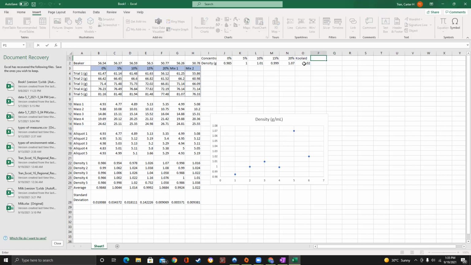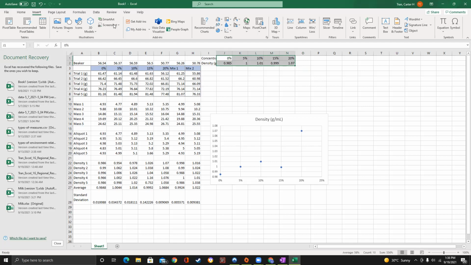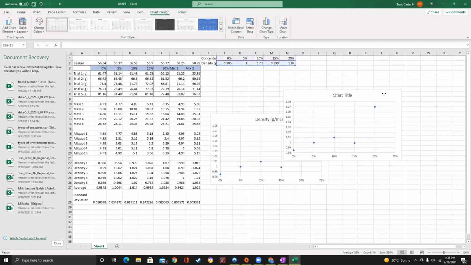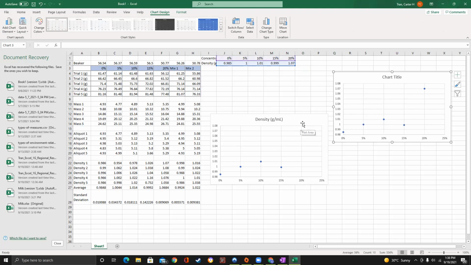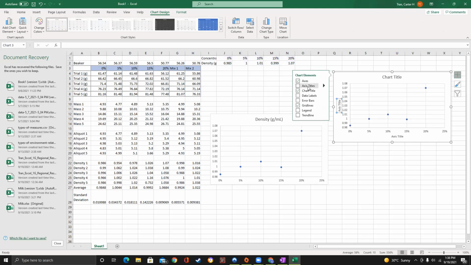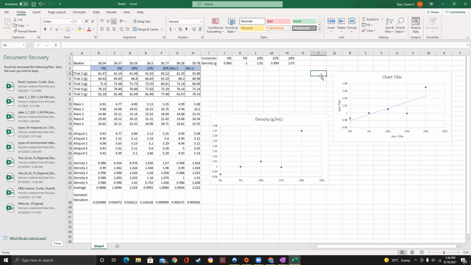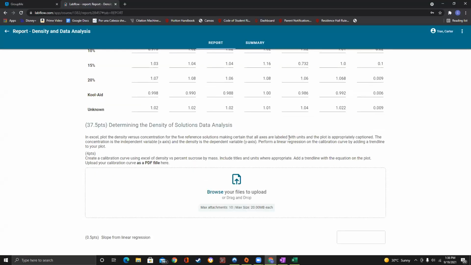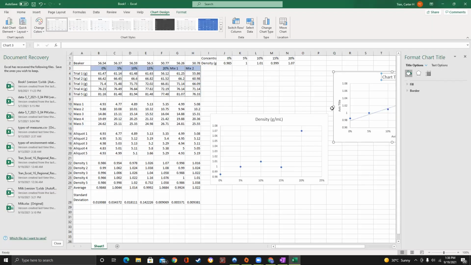Okay, so we just need the 5 standard solutions. We don't need this. Density.